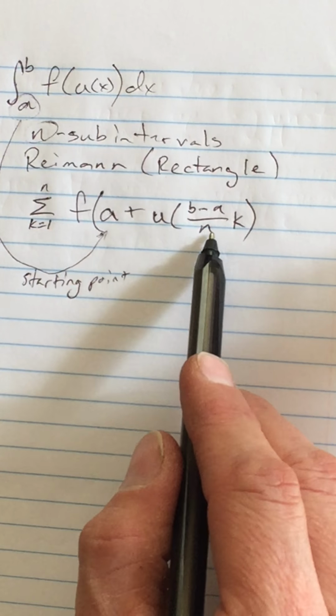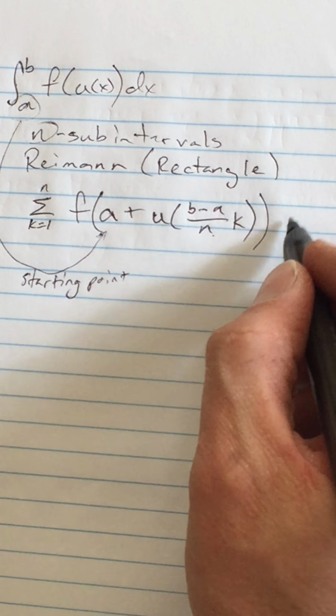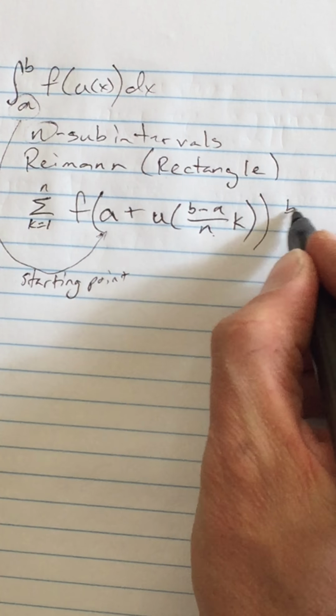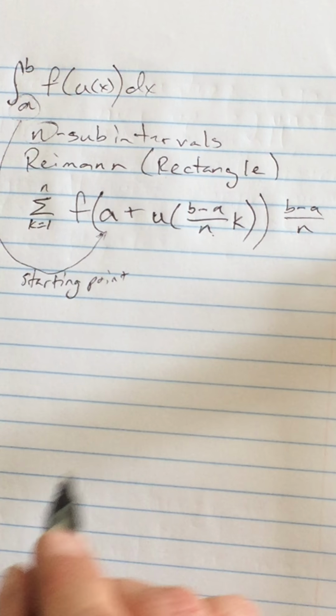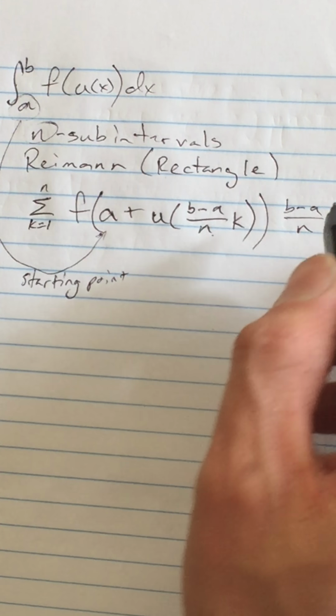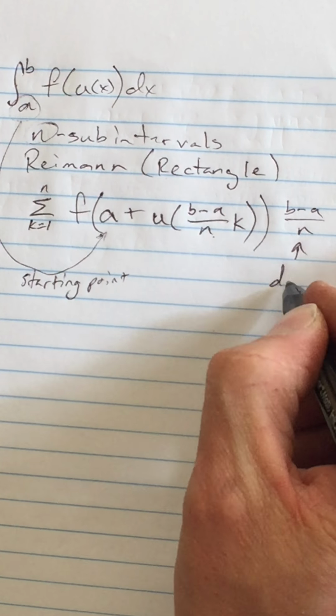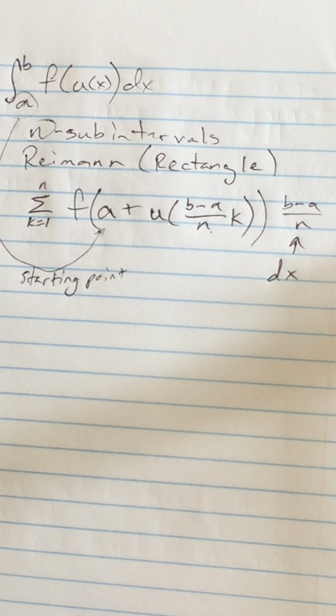Everywhere there's the x, we're going to replace it with that. And then on the outside, we're going to do b minus a over n. This is the dx part.